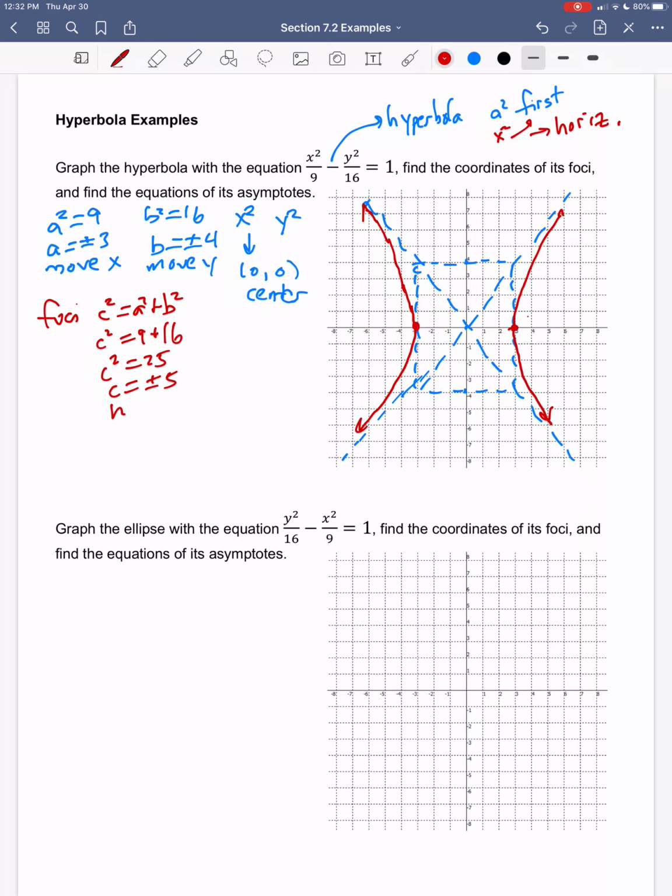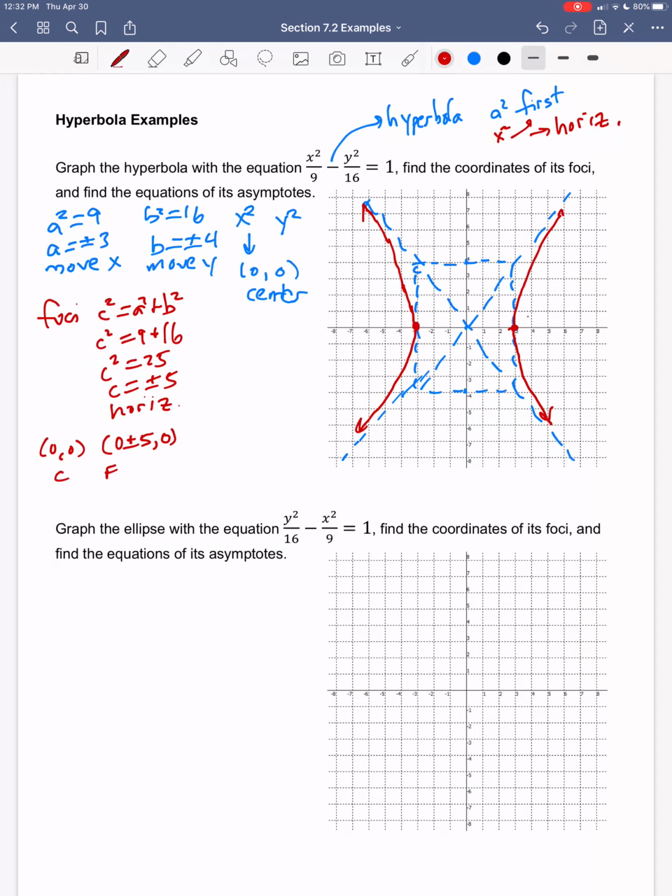Again, remember, this is a horizontal hyperbola, so I'm going to have to move that distance from the center. The center is at 0, 0, so to get to my foci, I'm going to move plus or minus 5 in the x direction.